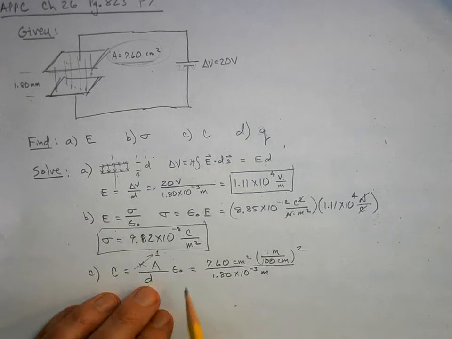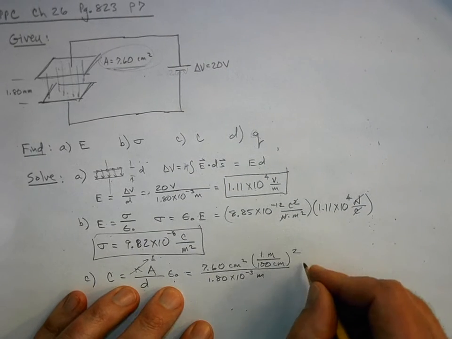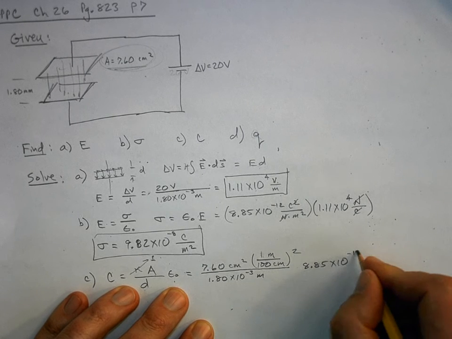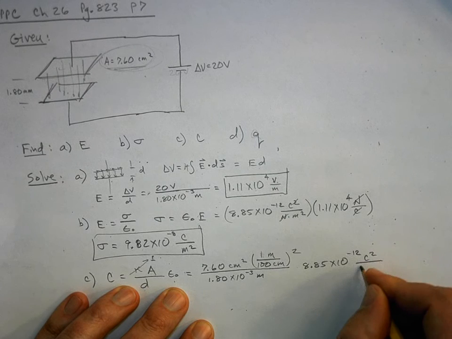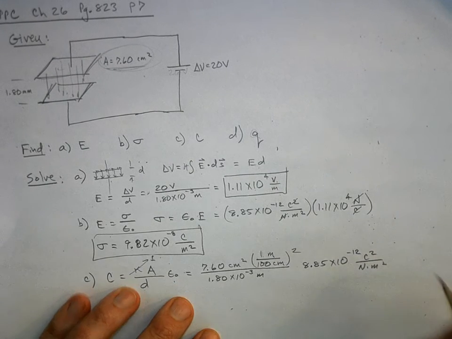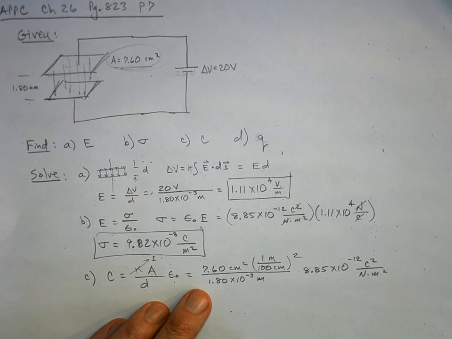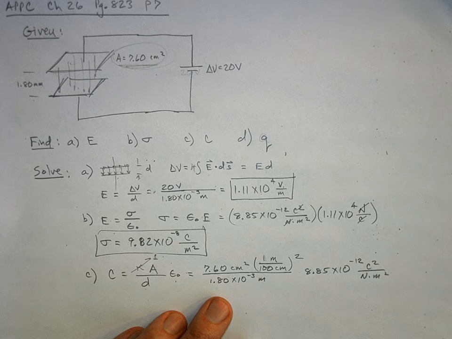And then we have to have epsilon naught. So we'll have 8.85 times 10 to the negative 12 Coulomb squared per Newton meter squared. So let's do all the math here. I'm going to go, let's clear this, 7.6, and then I'm going to divide it by 100 squared equals 7.6 times 10 to the negative 4.